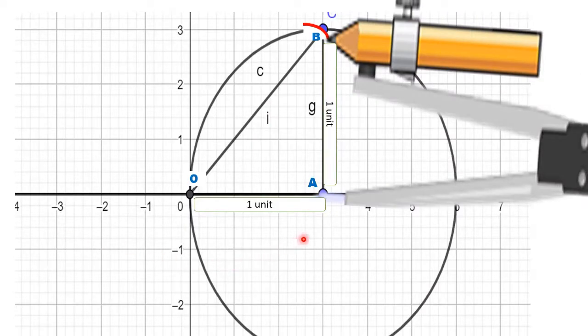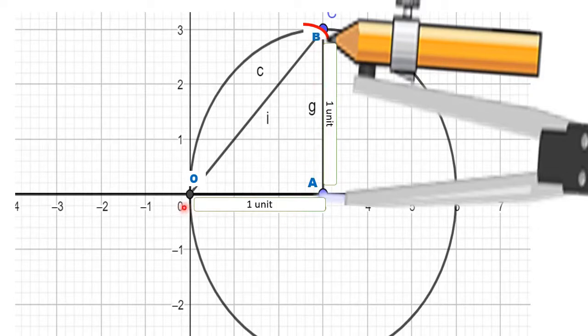Take a compass, place its vertex at point A, and mark an arc at point B at a distance of 3 cm from A on the y-axis, perpendicular to OA.